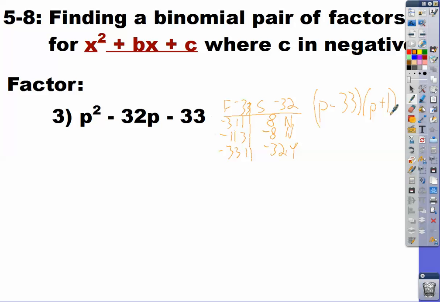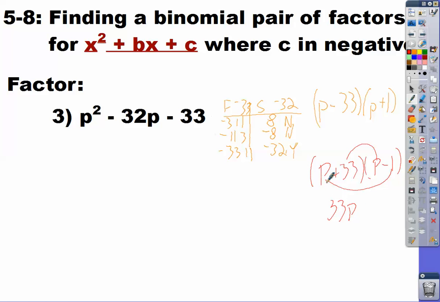What did you do? Plus 33 and... If you did p plus 33 and p minus 1, if you try this, 33 times p is 33p.